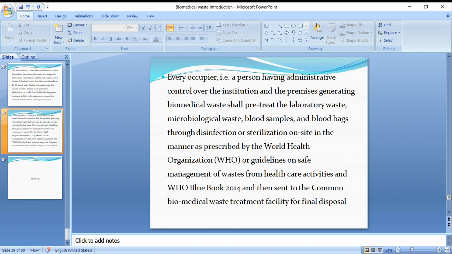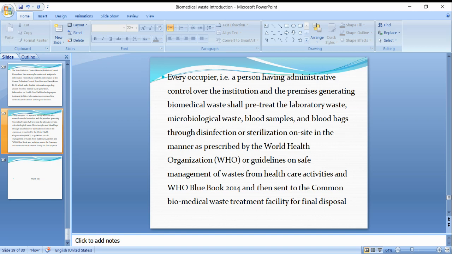So before it goes out, they have to treat the biomedical waste, that is, biological waste, blood samples and blood bags, through disinfection or sterilization on site in the manner prescribed by the WHO and its guidelines on the safe management of wastes from healthcare activities, the Blue Book of 2014, and then send it to the common biomedical waste treatment facility for final disposal. So they have formed a book called the Blue Book, which has the rules on how to dispose of and treat biomedical waste.